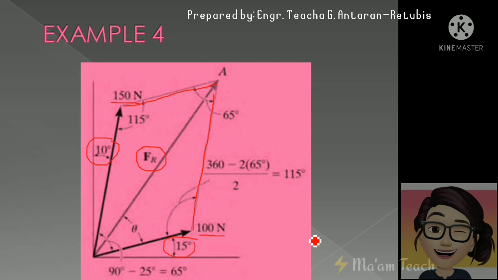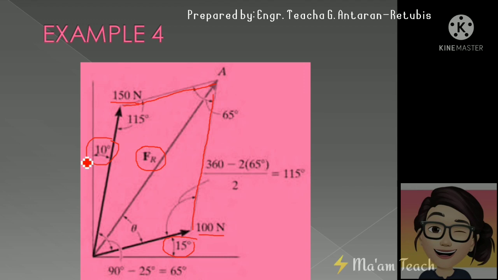Now, take note, class, that in order for us to solve for the value, we need the values of the angle. The given angle that we have is only 15 degrees, which is with respect to the x-axis, and the other one is with respect to the y-axis.